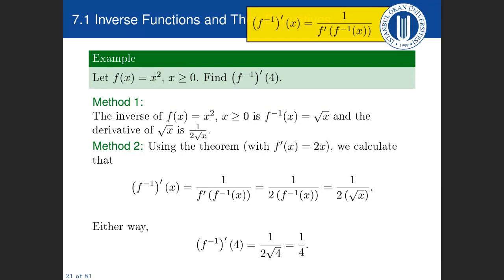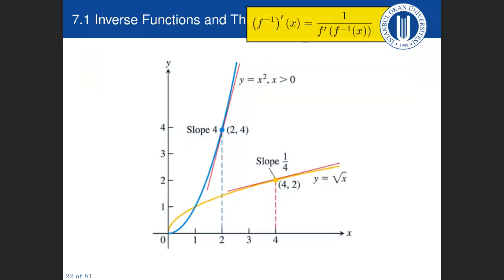Either way, whichever way we do this, we can answer the question now. Find f inverse prime at 4. Replace x by 4, 1 over 2 root 4, that's 1 over 4. Let me show you the graph of this. The blue curve is y is equal to x squared.